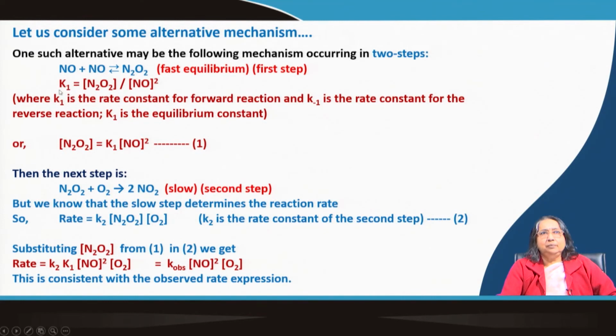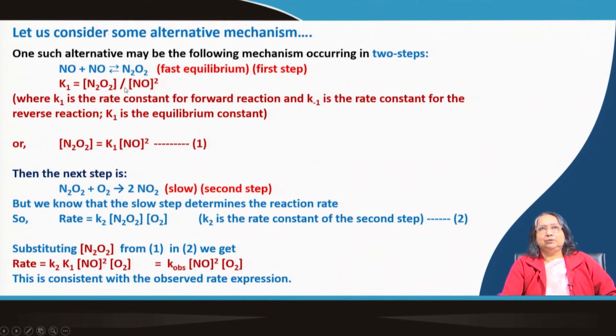K1 is the equilibrium constant for this step, and it is nothing but the N2O2 concentration divided by the NO concentration to the power 2, where k1 is the rate constant for the forward reaction and k minus 1 is the rate constant for the reverse reaction. Here it is not written, but you can think of K1 as the equilibrium constant, basically k1 by k minus 1.